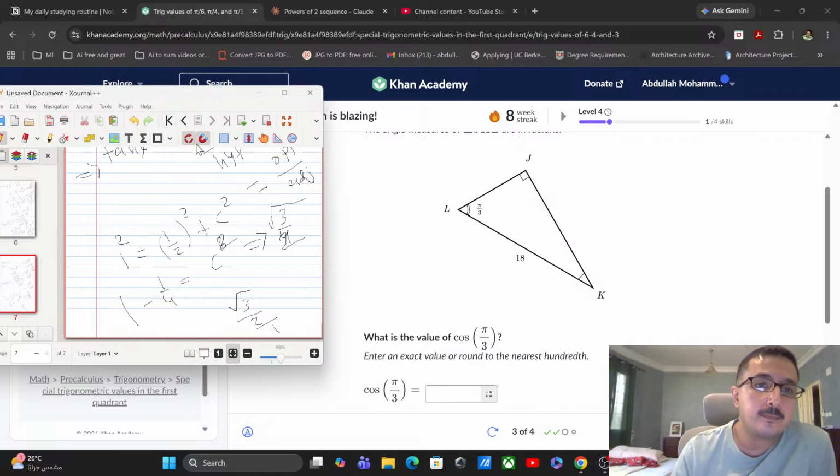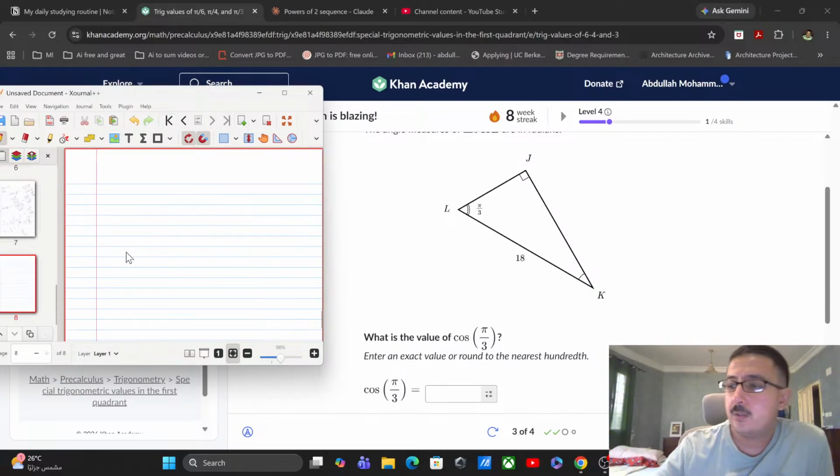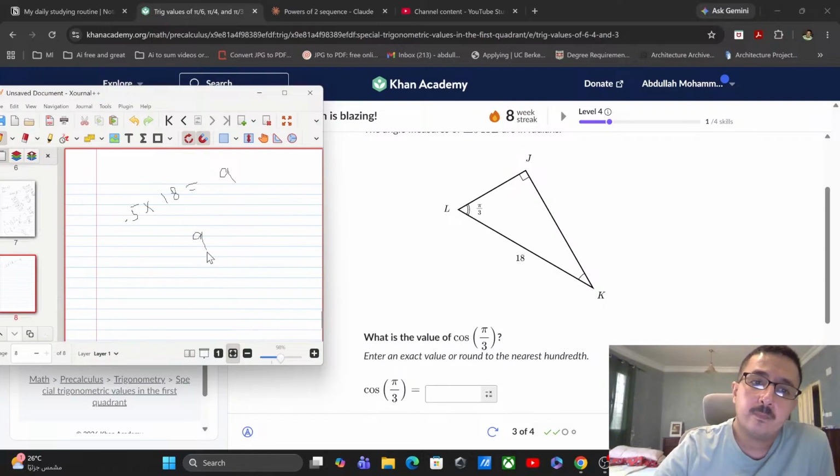So I got 0.5 multiplied by 18 equal 9. So I got 9 over 18, which is 1 over 2 again, which is half.